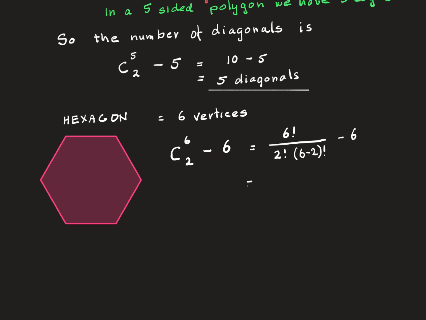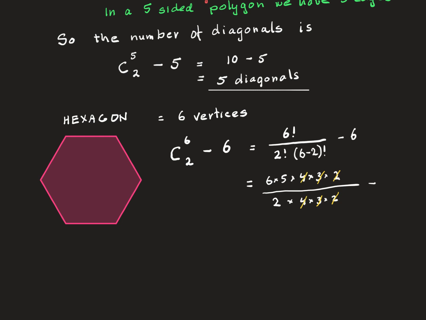So this will work out to be 6 times 5 times 4 times 3 times 2 divided by 2 times 4 times 3 times 2. And the 2 and 3 and 4 can cancel out.